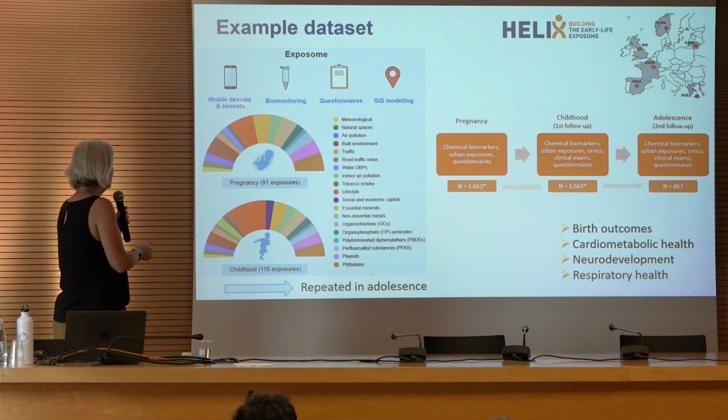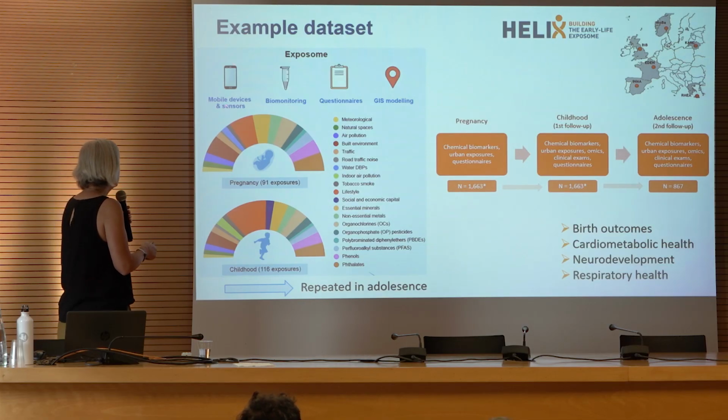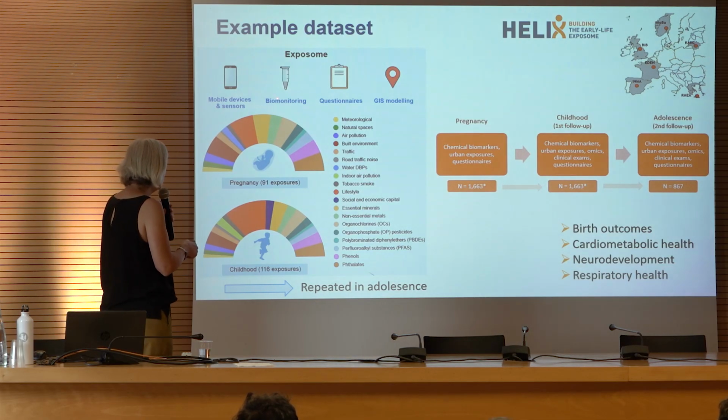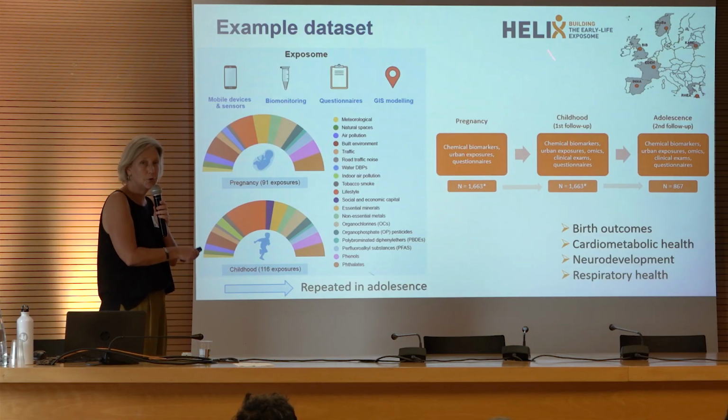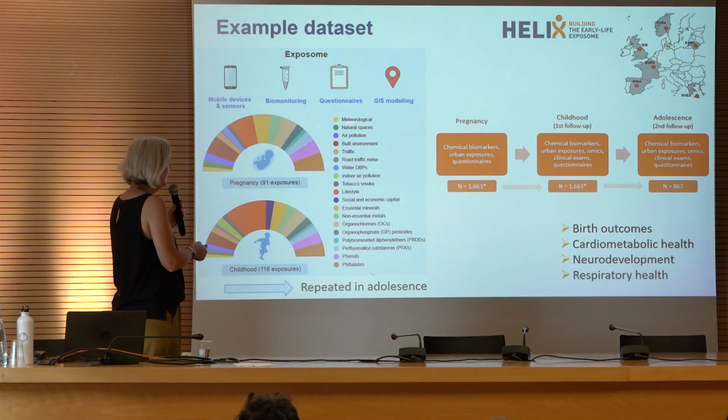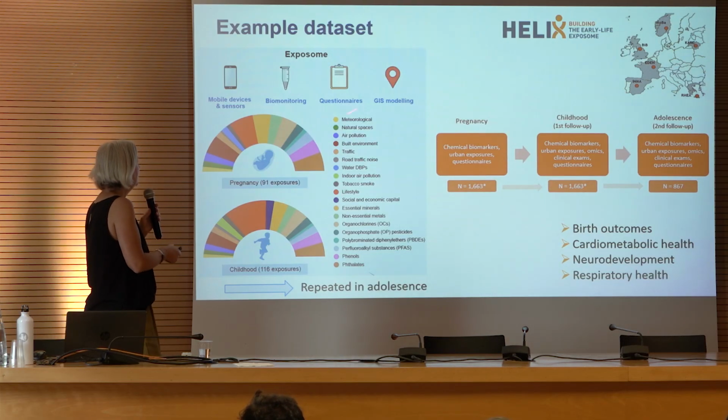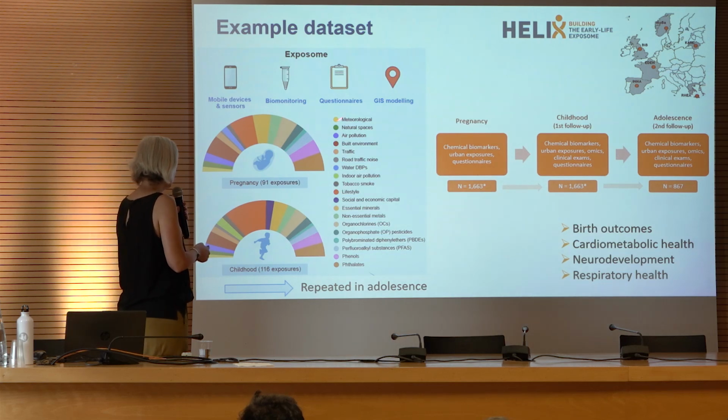Exposures were measured with different personal monitors and sensors, with biomonitoring methods, so measuring concentrations of different chemical pollutants, for example, with traditional questionnaires for variables such as diet and social factors.